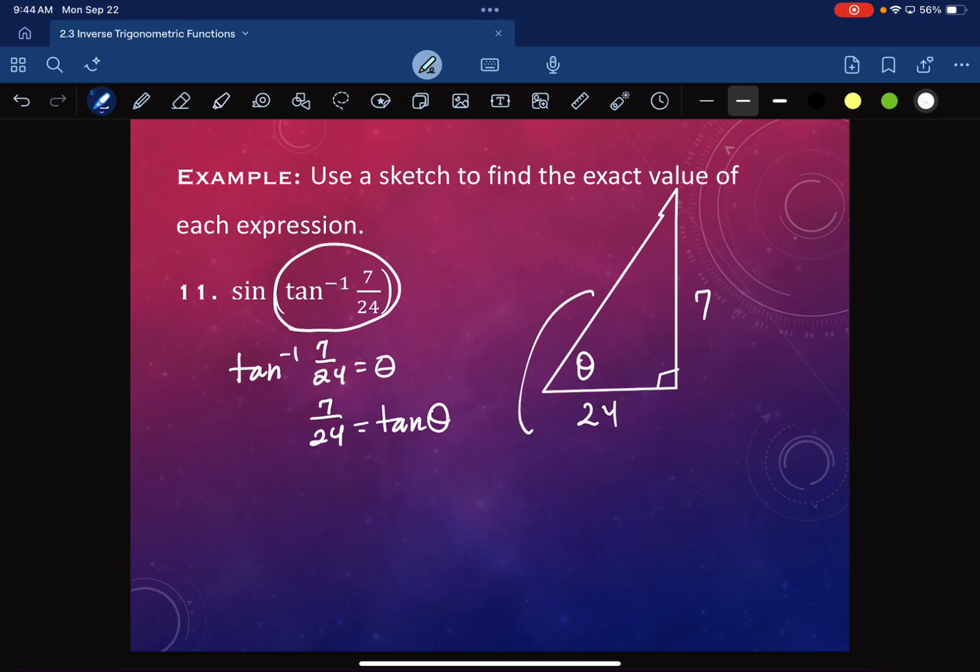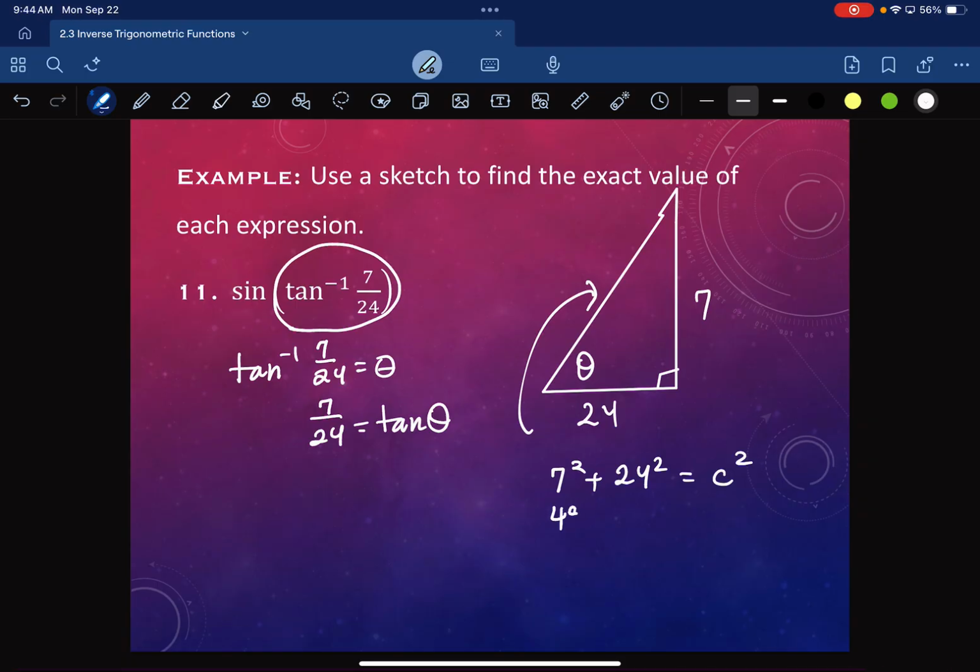How can I find this third side? Yep, Pythagorean theorem. A squared plus b squared equals c squared. So 7 squared plus 24 squared equals c squared. Remember, c is always opposite the 90-degree angle. It's not c because I don't know it. It's c because it's opposite the 90.